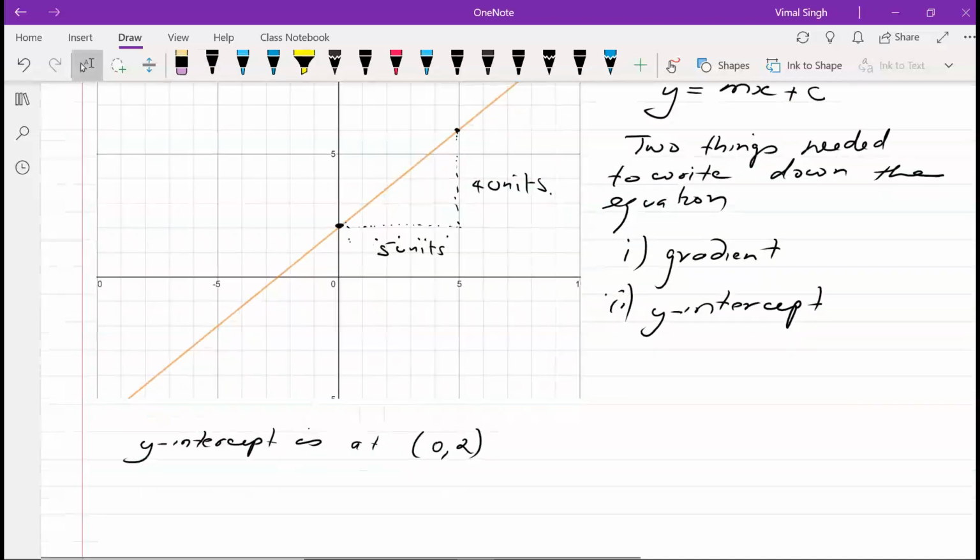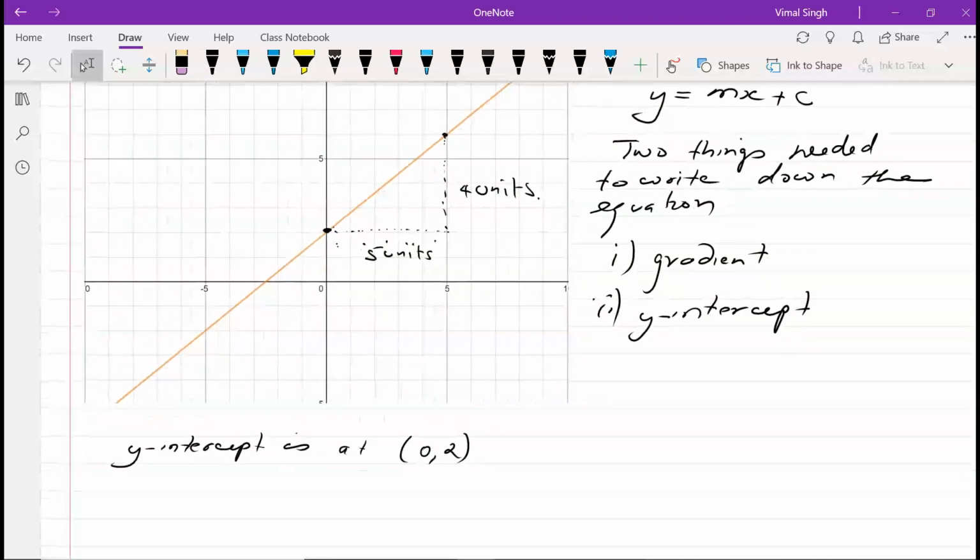If you recall from my previous lessons about gradient, m is given as change in y divided by change in x, and that is equal to 4 units vertically and 5 units horizontally.